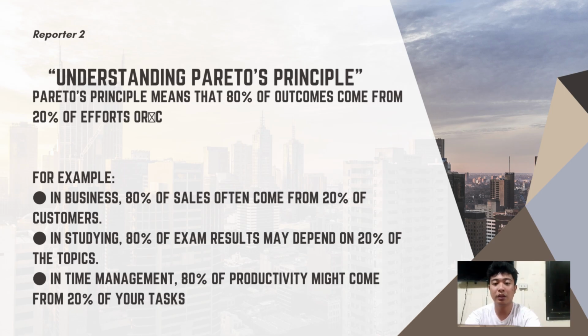The key lesson here is focus. Instead of trying to do everything, Pareto's principle teaches us to identify and prioritize the few tasks that make the biggest impact. Now that we understand how the 80/20 rule works, let's move to another powerful tool for analysis, the SWOT analysis.